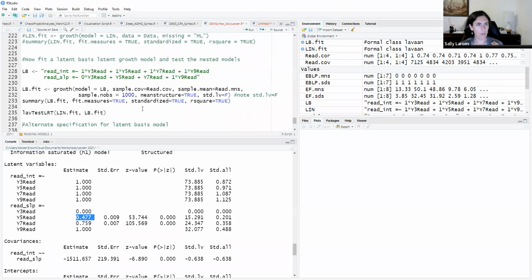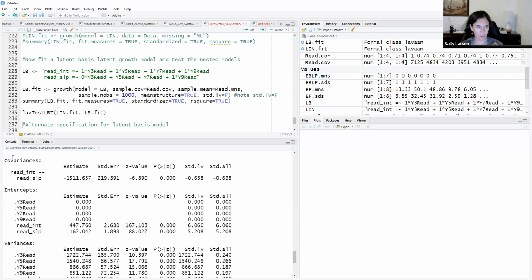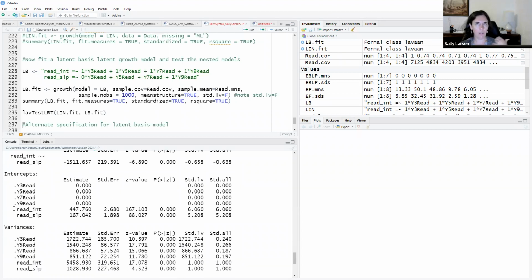Okay, so let me just go down here and have a little bit more look at the information we get. The other pieces of information, I'll come back to covariances. The intercepts here. So when you're looking at a latent growth curve model, here again, we've got an intercept and a slope, and they are latent factors. So a latent intercept factor, this value here is the mean of the intercept.